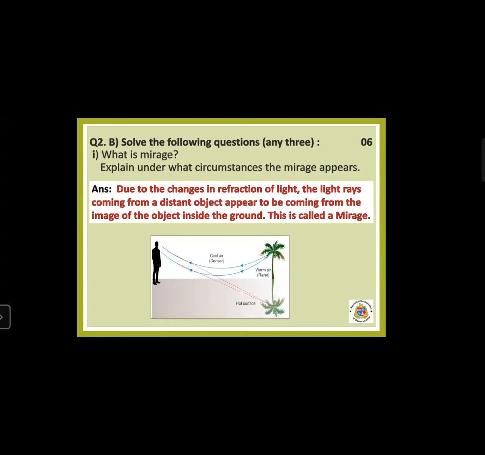First, what is mirage? Due to the changes in refraction of light, the light rays coming from a distant object appear to be coming from an image of that object inside the ground. This is called a mirage.